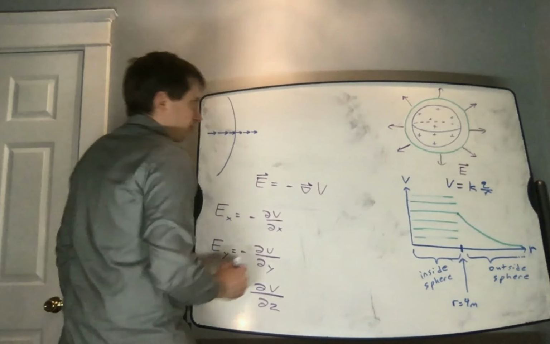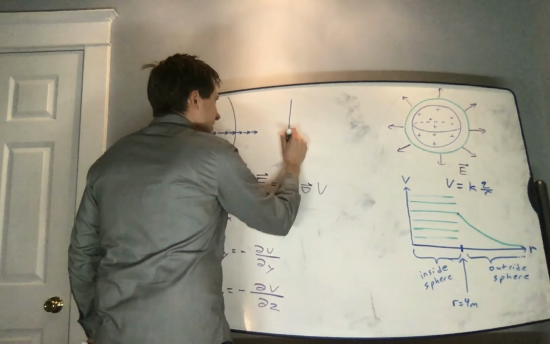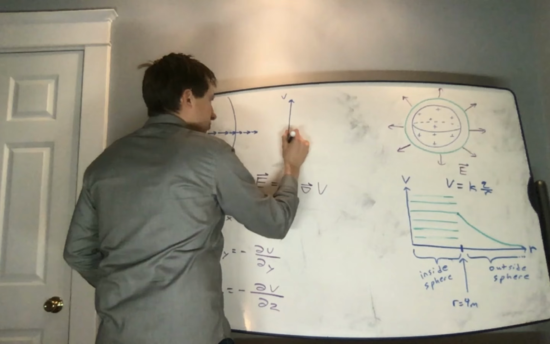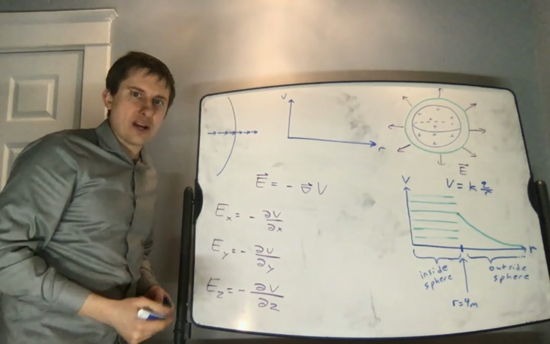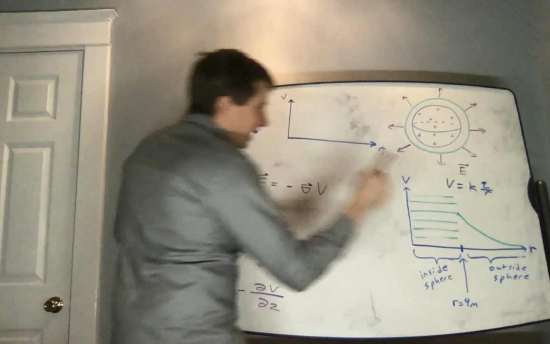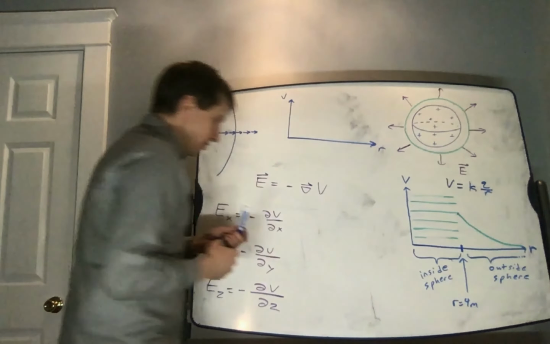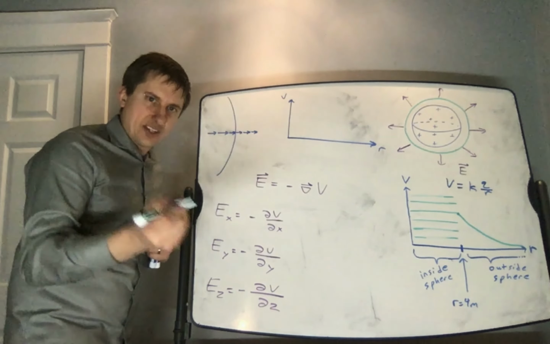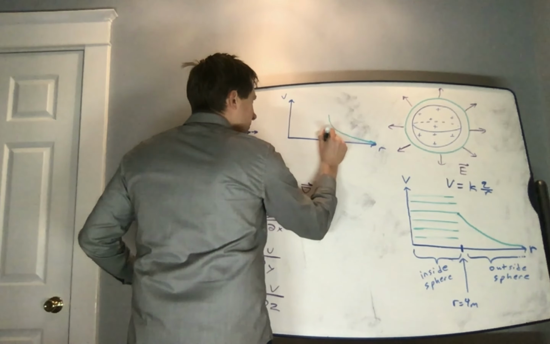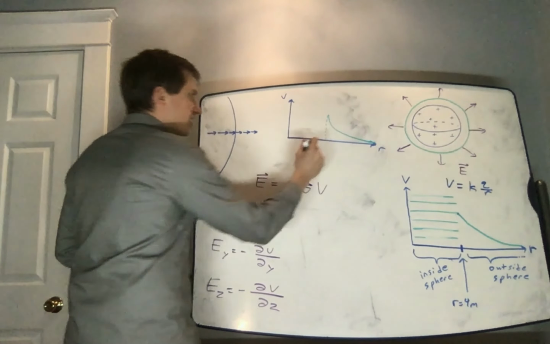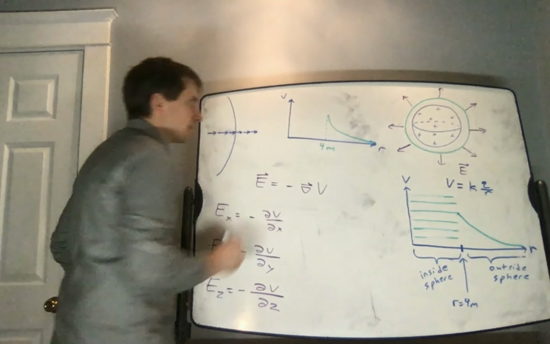Let's consider this plot. Let's assume that here is the value of the electric potential versus distance away from the center, and outside at distances greater than 4 meters away from the center of the sphere, we have that kq over r behavior. But then here is the surface of the sphere at a radius of 4 meters.